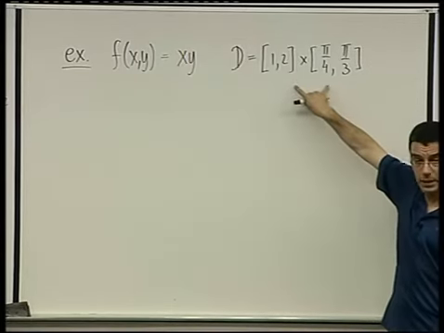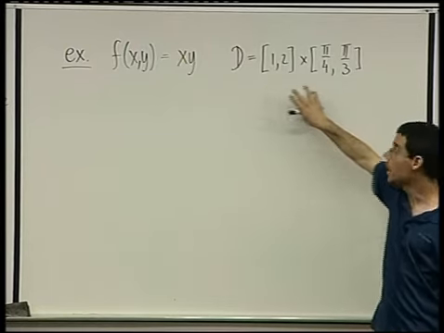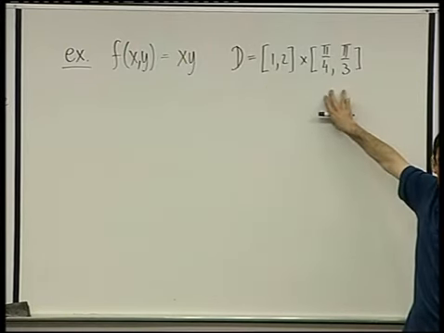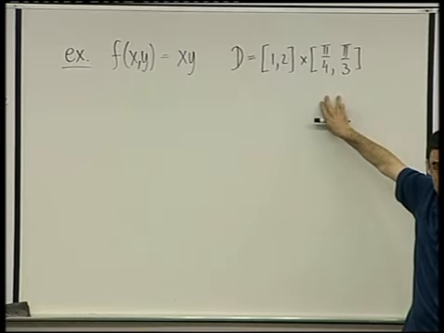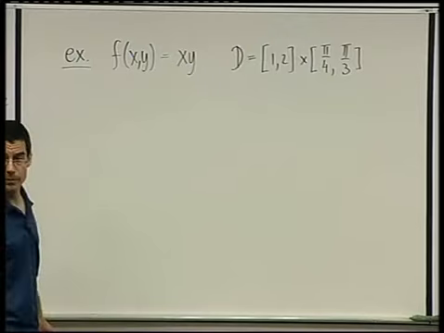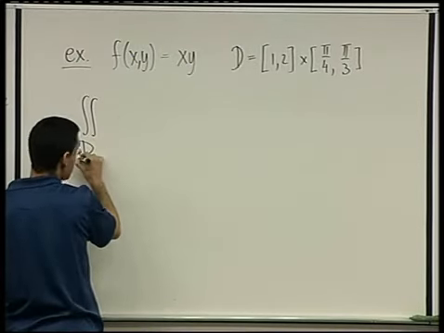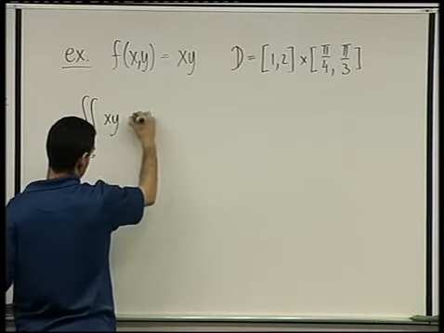So this is the domain, all the (x,y) such that x is between 1 and 2, and y is between pi/4 and pi/3, right? That's what's written here. And the function is just f(x,y) equals x times y. What is the double integral over D of xy?